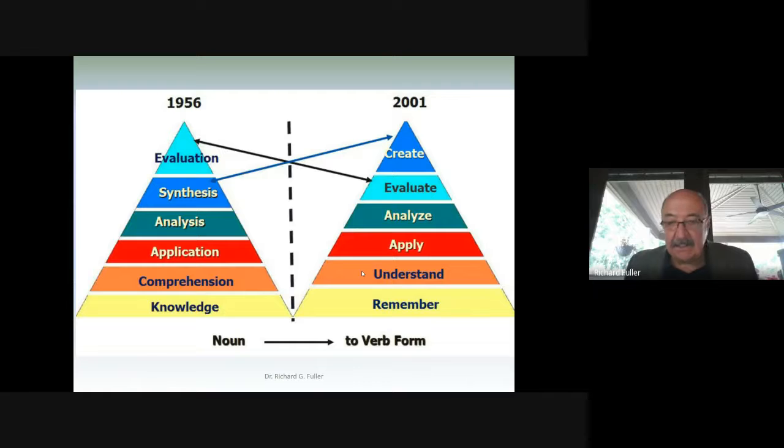What they did in basic form is they changed it around a little bit. They moved from the 1956 version of knowledge, comprehension, application, analysis, synthesis, and evaluation, and flipped those around from nouns to the verb forms of things.